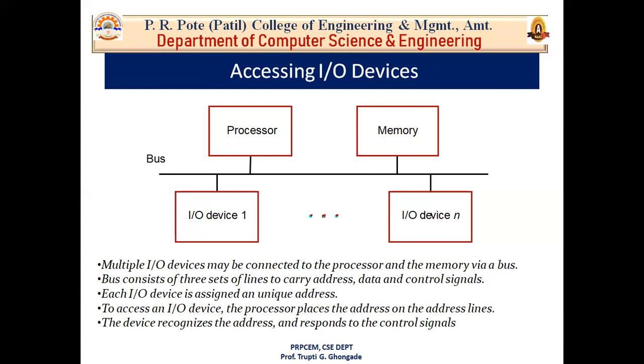Typically this bus consists of three sets of lines. First is the address lines to carry addresses, second is the data lines to carry data, and third is the control signals, which manage all the activities on the bus. Each IO device is assigned a unique set of addresses. Each and every input device and output device has a unique set of addresses.